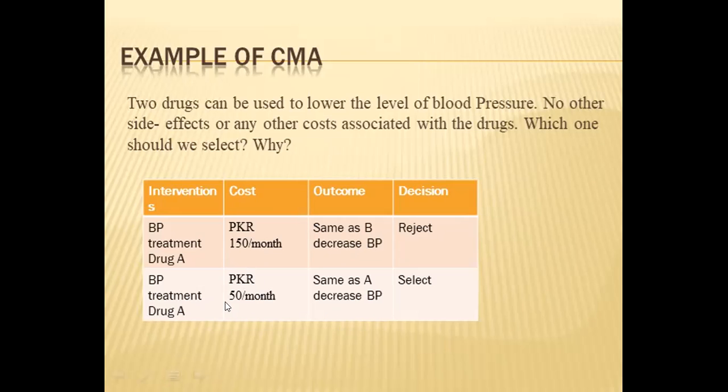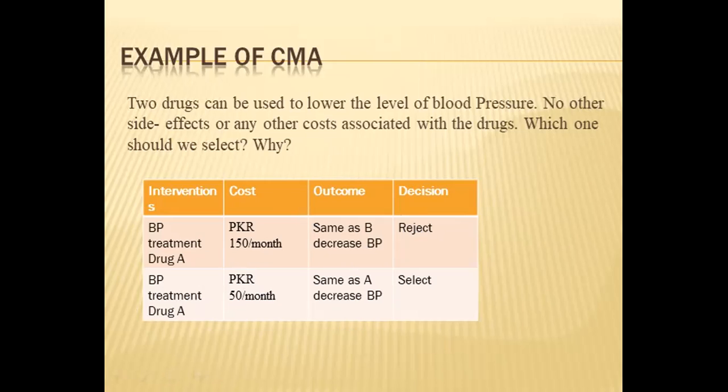Therefore, drug B we select and drug A we reject, because drug A has a high price as compared to 50 PKR.